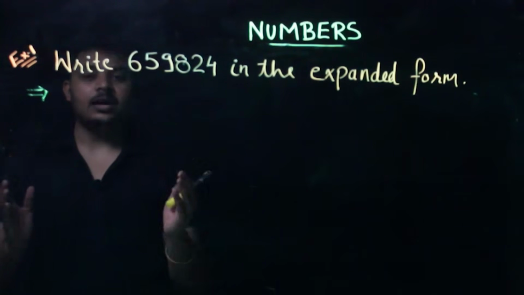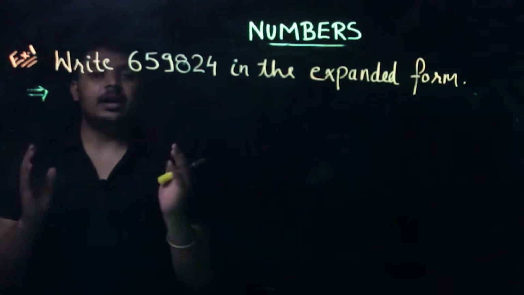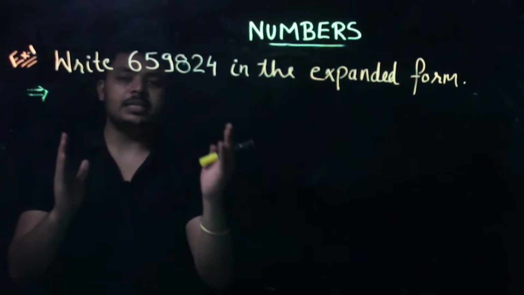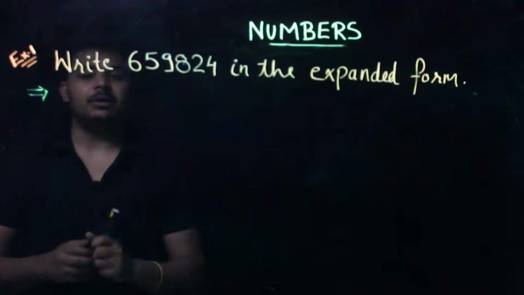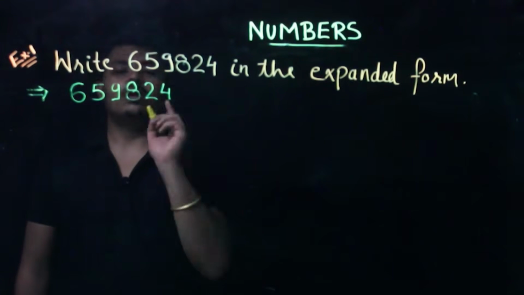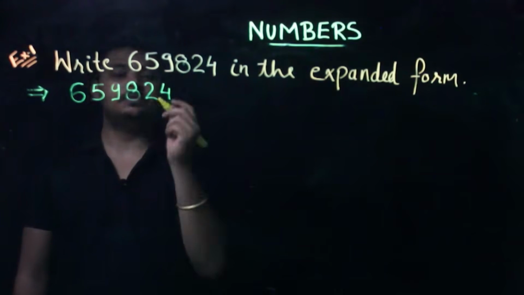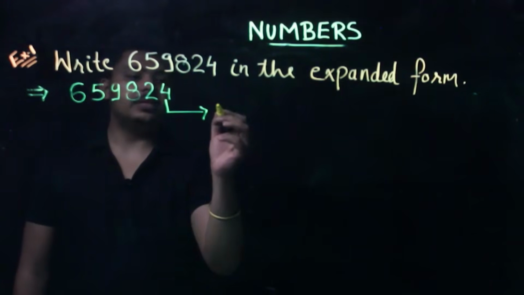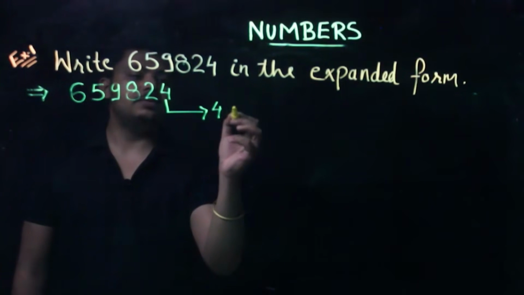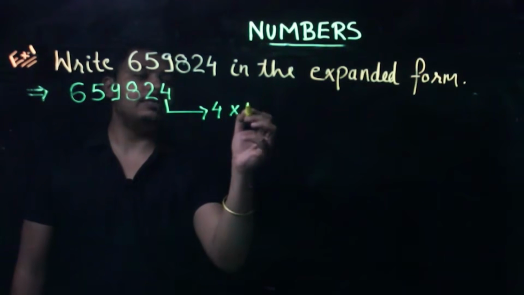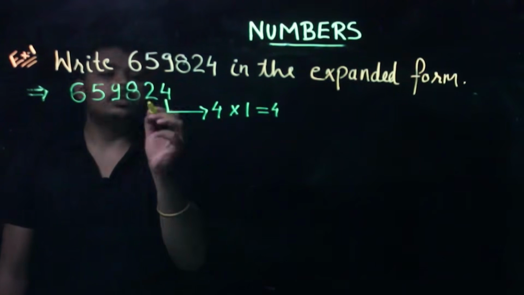So we'll start from our first step, that is writing the place value of each and every digit of the given number. So let's start. Starting from our right hand side, that is our last digit, 4. To find the place value, we write its face value and multiply it with 1, we get 4.